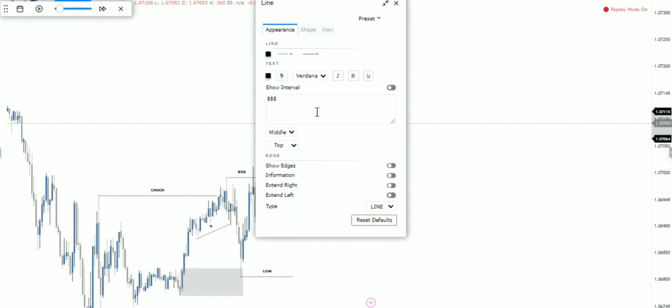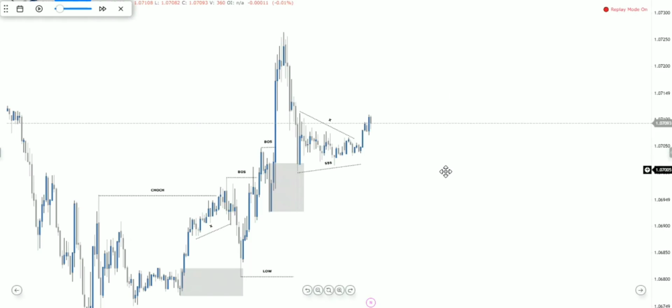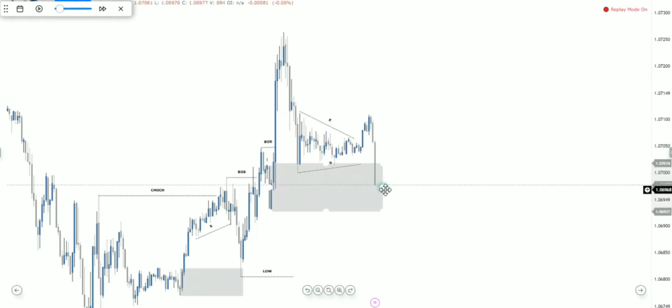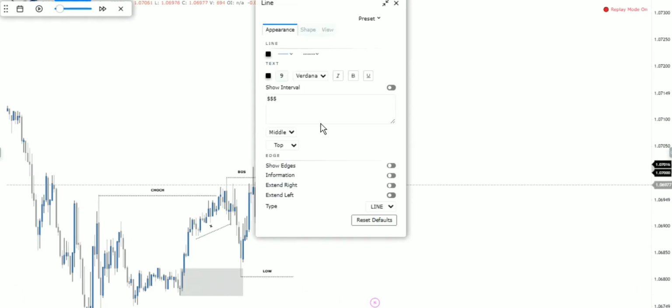Right, so liquidity taken becomes X. Liquidity below or above that hasn't been taken stays S. Right, and there we have another grab to the downside. So this becomes very, very high probability if it takes out the low and the high.